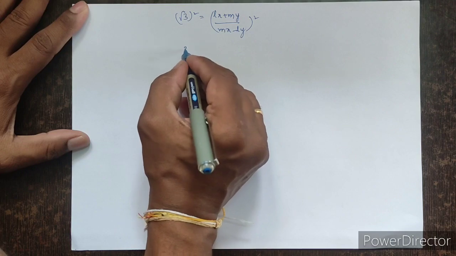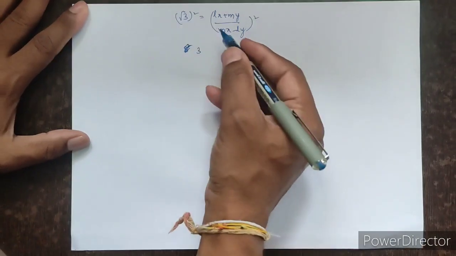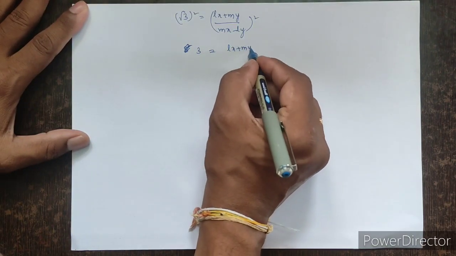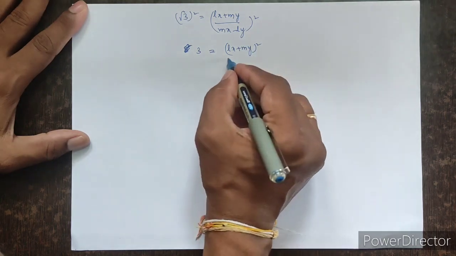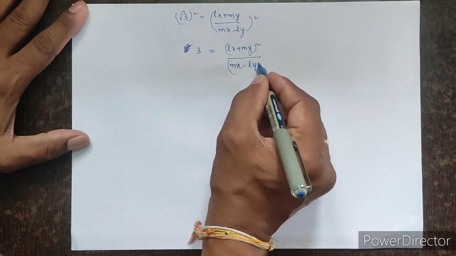Root 3 whole square is 3, as the root and square get cancelled.